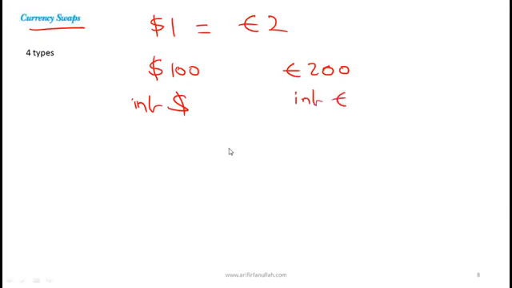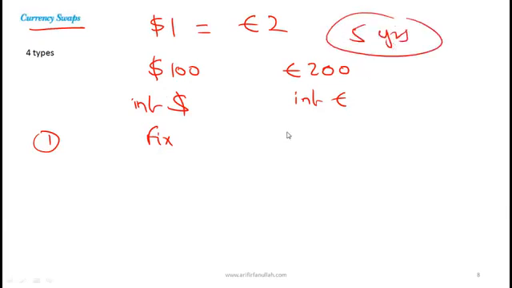Now the 4 kinds of currency swaps: one type can be that the interest in dollars is fixed, so some fixed rate, and this can happen, say, on an annual basis over 5 years. So there will be a settlement date which can be, say, annual, and there will be a whole tenor of the swap, which is 5 years in my simplistic example.